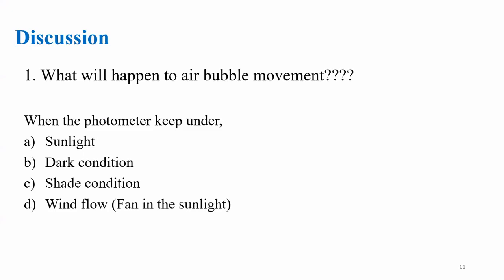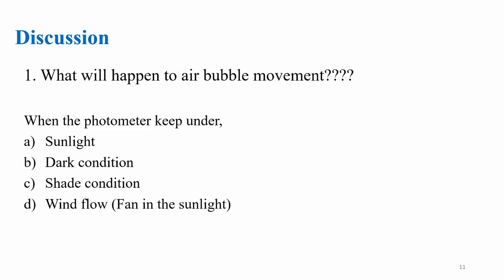Yes, because sunlight induces the transpiration. The transpiration increases, then the air bubble moves fast at the particular time interval compared to the dark condition and the shade condition. And wind flow also induces the transpiration rate, so the air bubble moves fast. That you should discuss yourself in the discussion part.